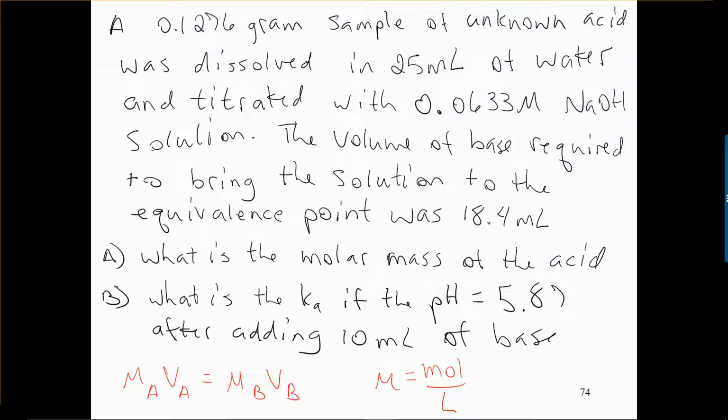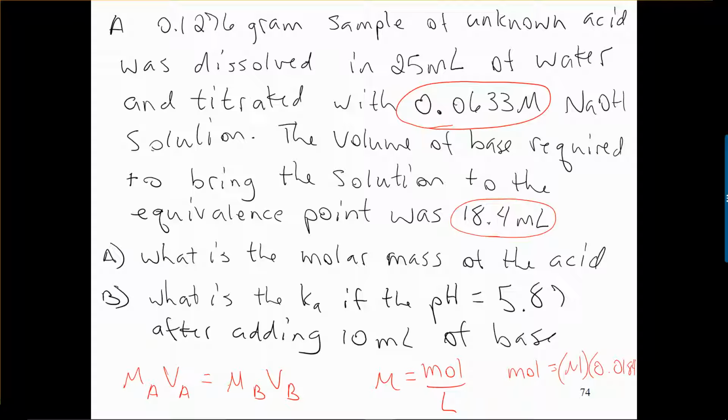So for the base, I used for this titration a 0.0633 molar solution, and I titrated it with 18.4 milliliters. So the moles are equal to the molarity, 0.0633, times 0.0184 liters.